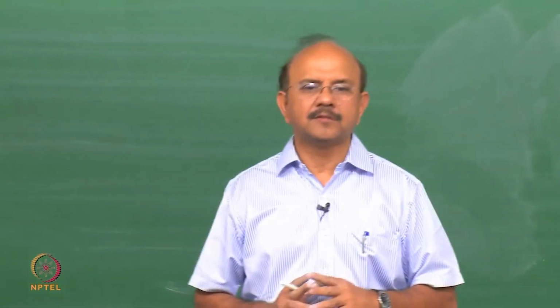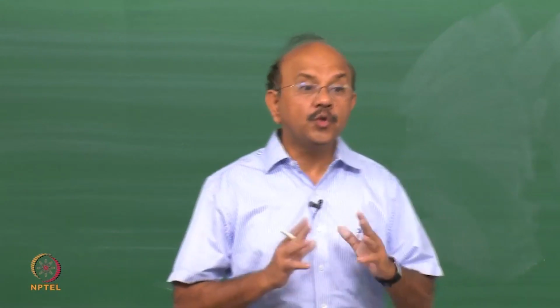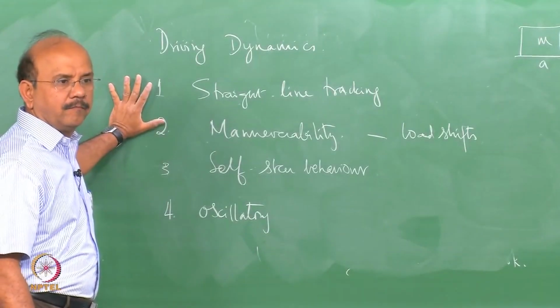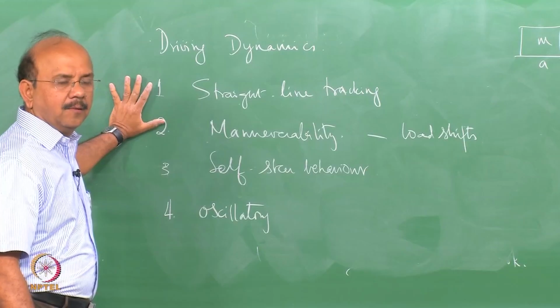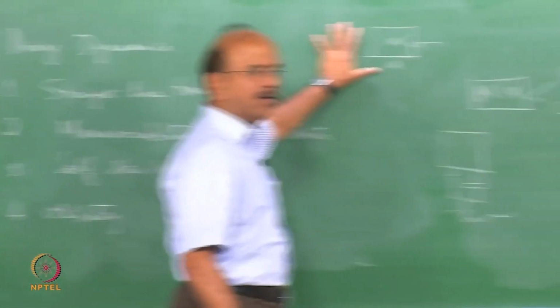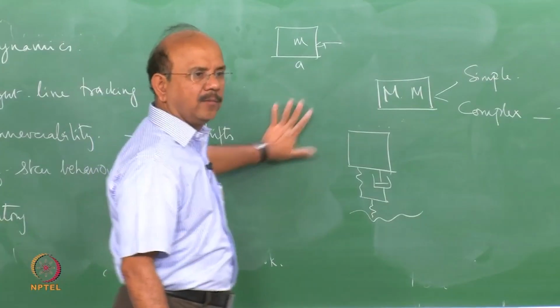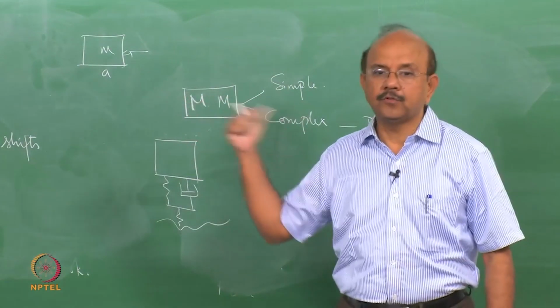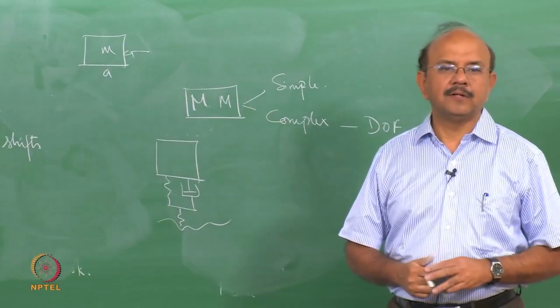So the mathematical model, in simple terms, should capture what you want to analyze in driving dynamics. In other words, whether it is longitudinal dynamics or vertical dynamics, or lateral dynamics, it should be able to capture the vehicle.